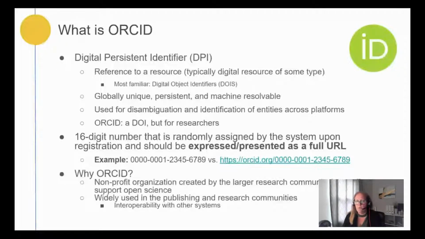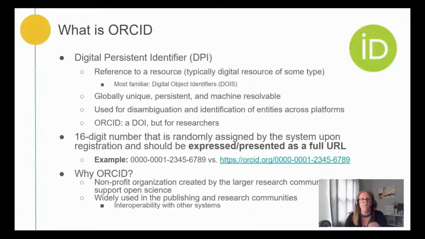I also thought it'd be important to address this: why ORCID? Why are we talking just about ORCID? I have a little bit more about some of the other options later on, and we can talk about those too if folks have questions. But ORCID specifically is a nonprofit organization and was created by the larger researcher community, and its main purpose is to support open science.